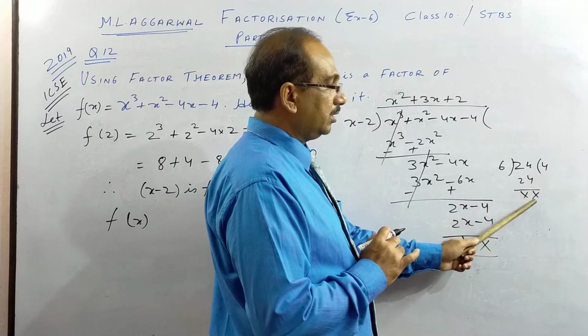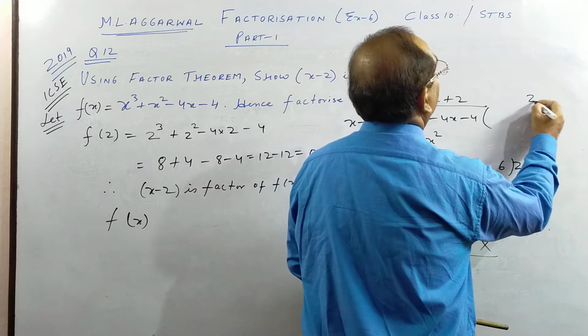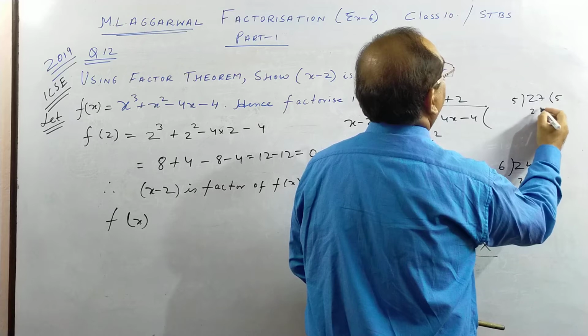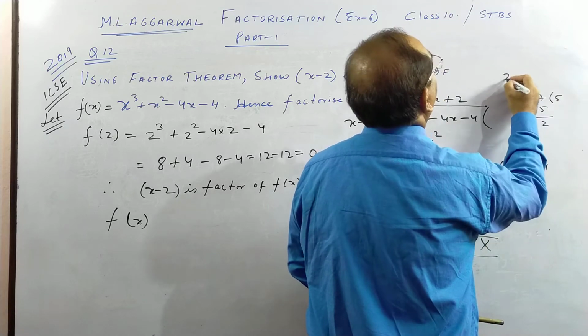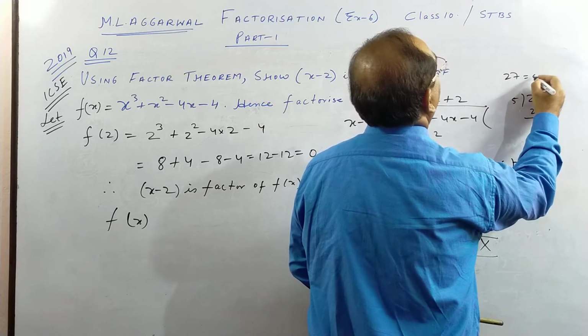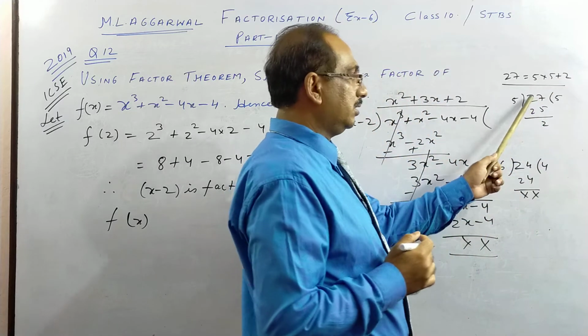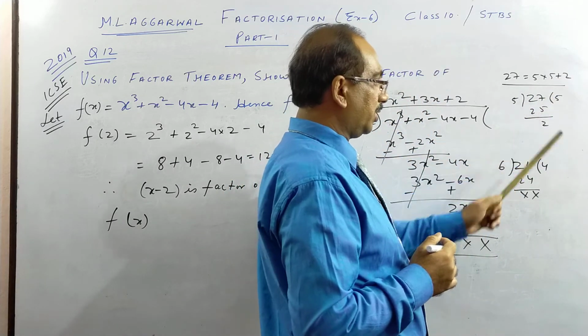Otherwise, if a remainder is there, suppose I divide 27 by 5, 5 fives are 25, remainder 2. So 27 is 5 into 5 plus 2: dividend is divisor into quotient plus remainder.